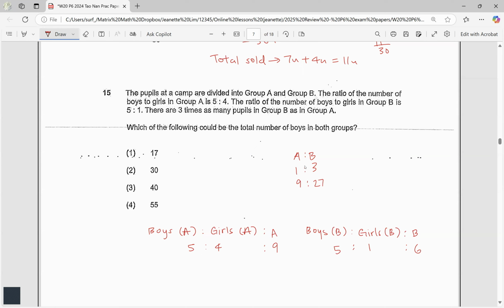So B here is 27, but here is 6. So I need to find the lowest common multiple. It is not 27 times 6, but it is 54. This is times 2. Then this is 54 times 9. Then I get 18 here.